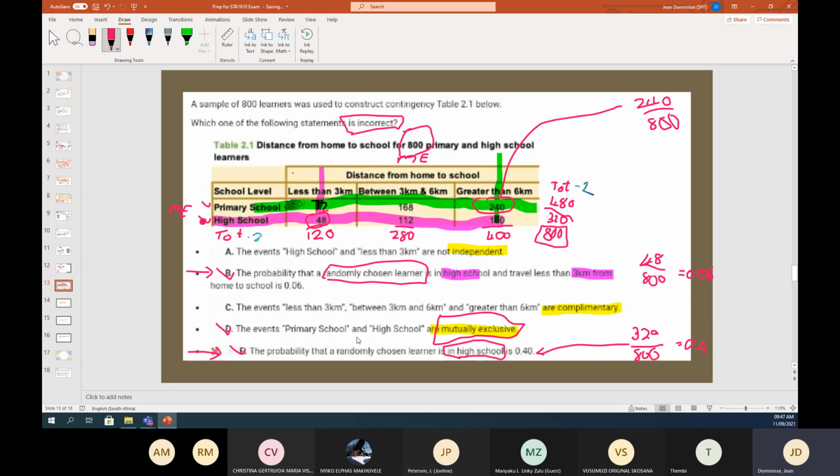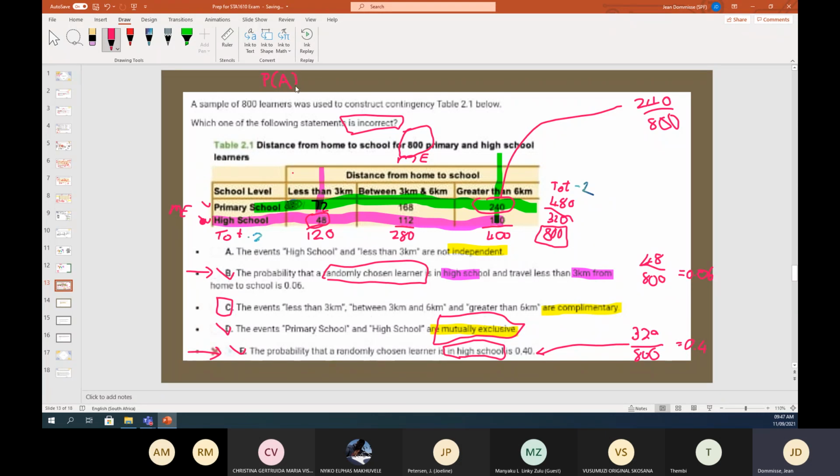Okay, so let's look at the events less than 3 kilometers, between 3 and 6, and greater than 6 are complementary. So this is nearly, in a sense, a catch, because we normally have it as two things.